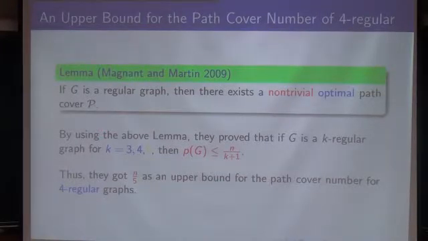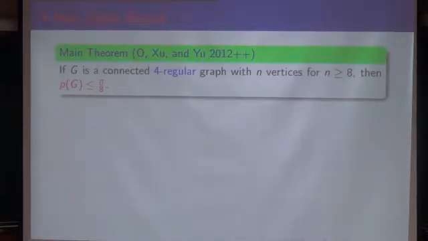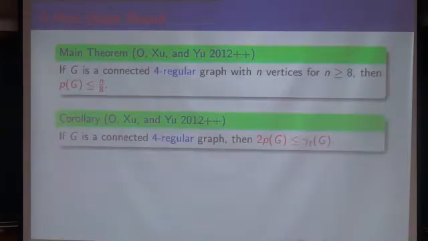Well, because if you have a bunch of copies of a complete graph with 5 vertices, K5 is 4-regular. But if we add the condition of connectedness, then we can improve their bound from n over 5 to n over 8. And this theorem implies this conjecture.